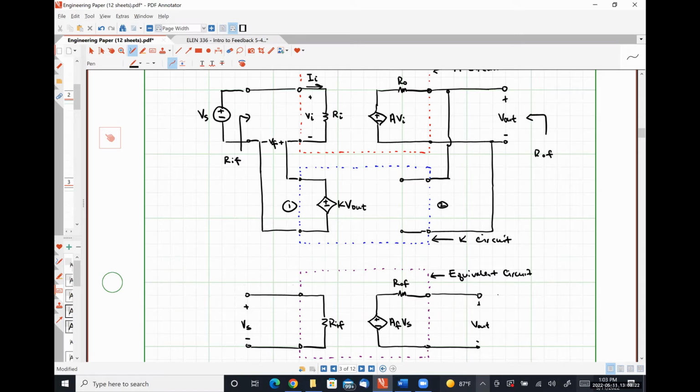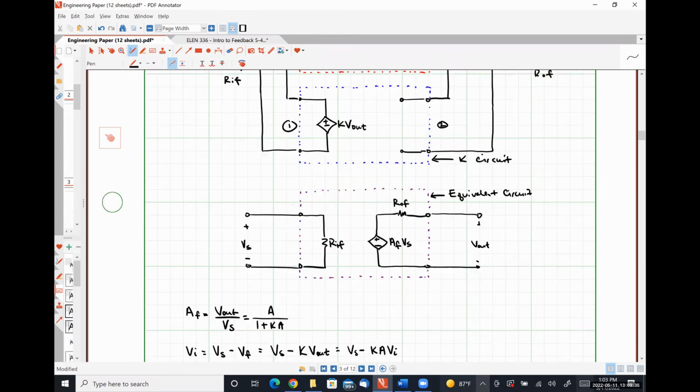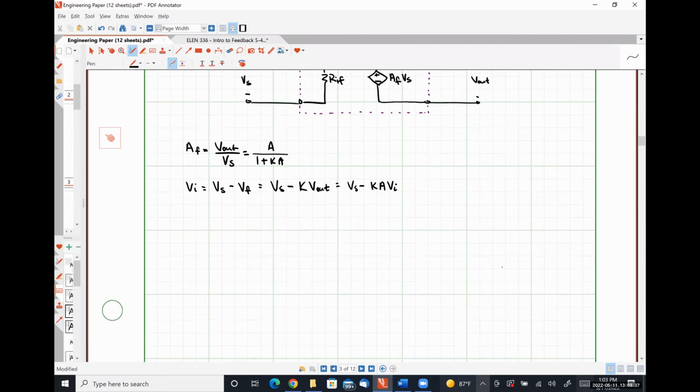That's why we're seeing a very low output resistance. We're just substituting in these relationships as we follow our signal path around, and so we found that Vi was equal to Vs minus KA times Vi.